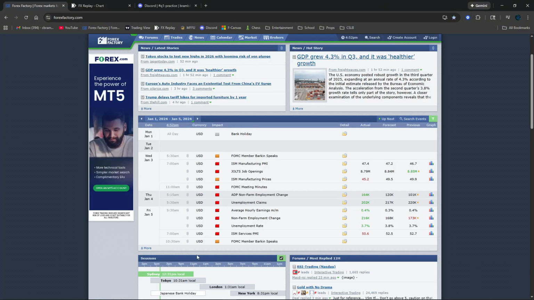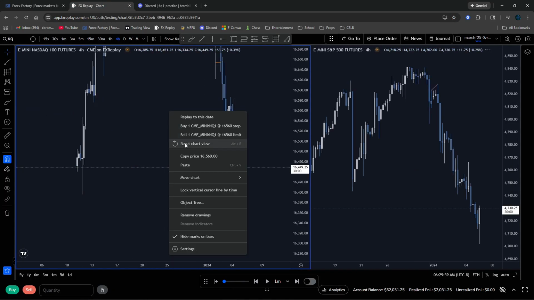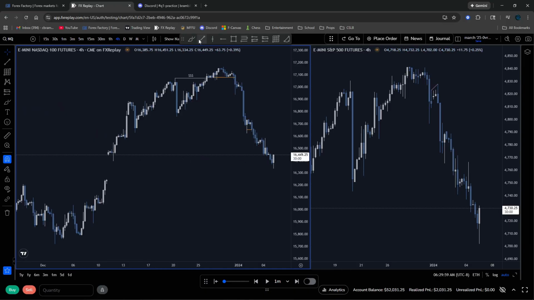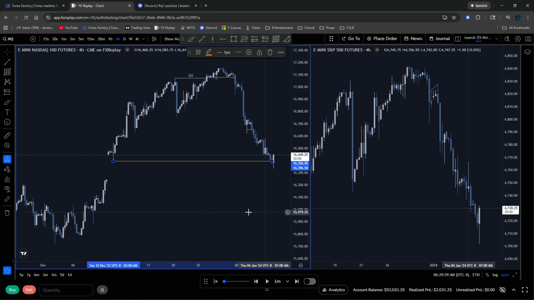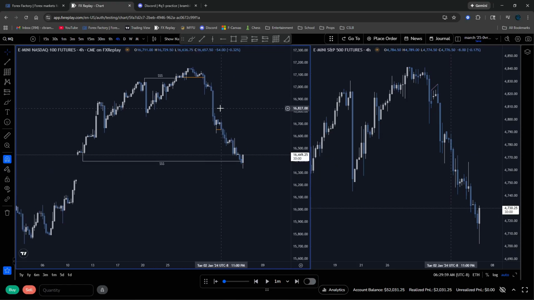Friday, January 5th. NFP and 10 a.m. news, which is cool. This is a pretty massive liquidity pool. We can also consider and factor in TGIF, right?